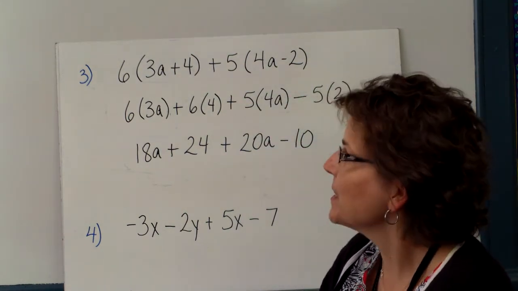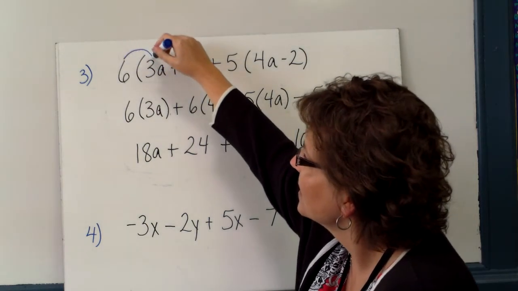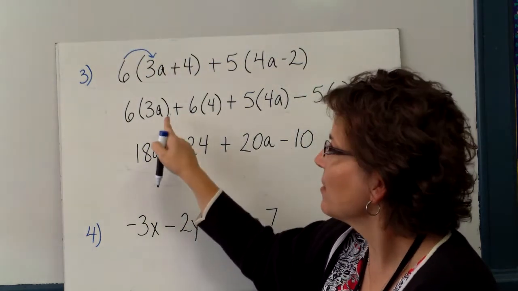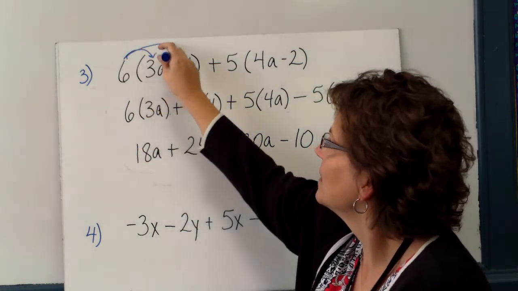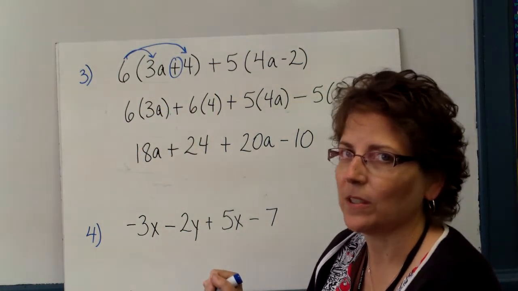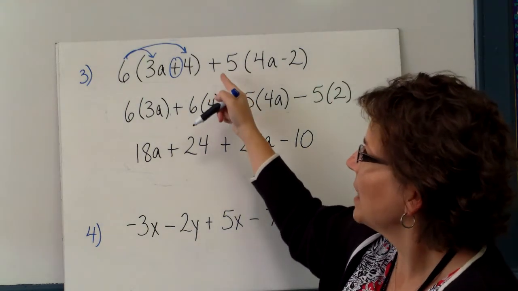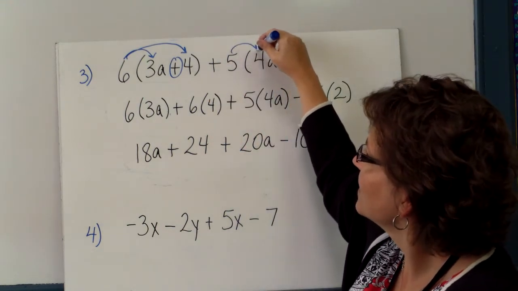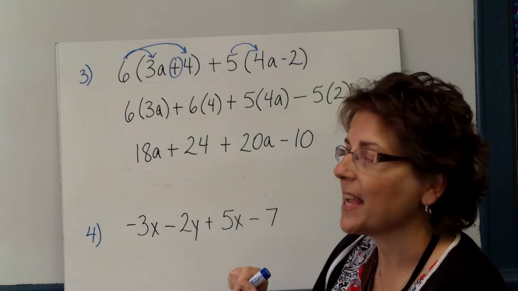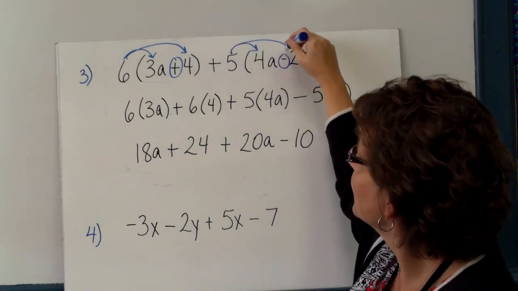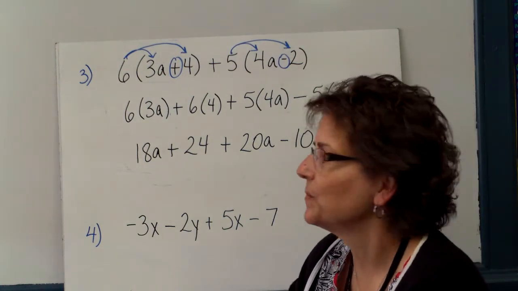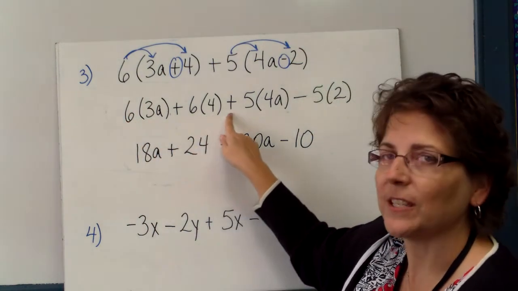So the distributive property tells you to take the 6 and multiply it by the 3a, plus 6 times 4, plus 5 multiplied by 4a, minus 5 times 2. That's the step I've written right here.